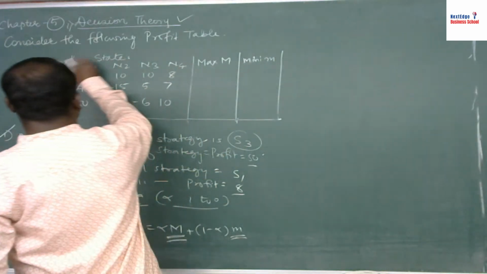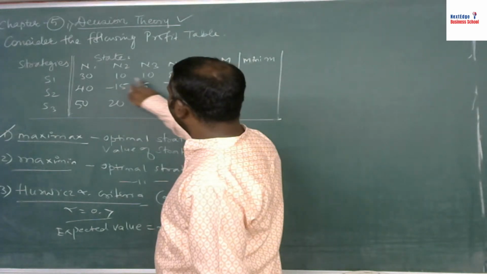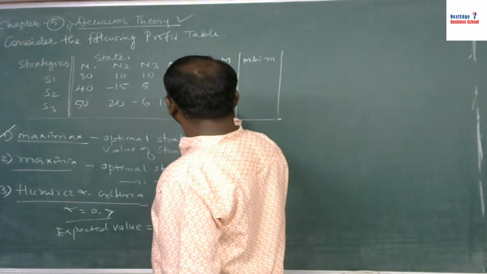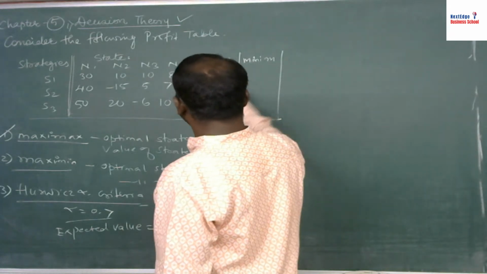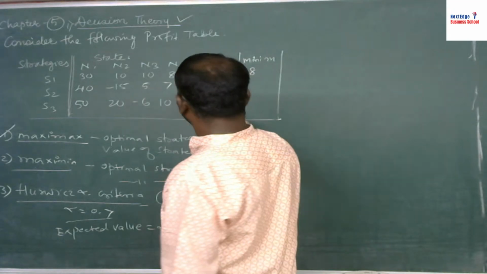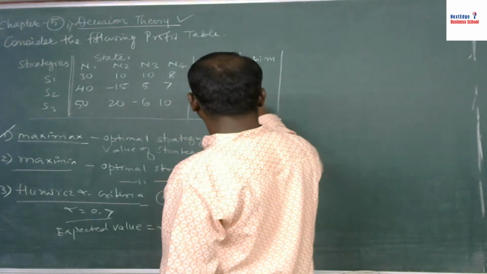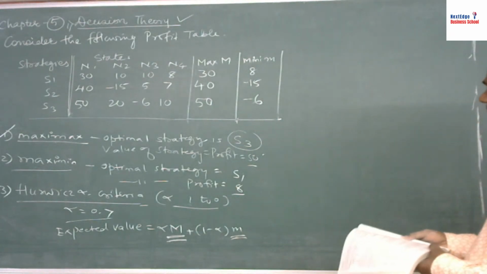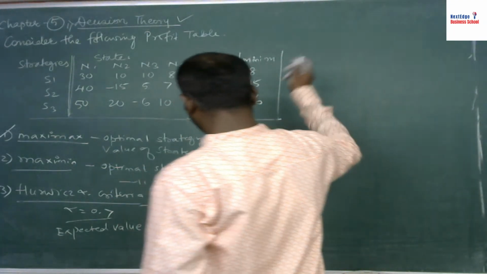From the given table you all tell me maximum क्या है इधर? 30, 10, 10, 8, maximum 30 है. इधर क्या है maximum? 40 maximum है. इधर क्या है maximum? 50 is the maximum. मिनिमम क्या निकालो पहले? इधर मिनिमम है 8. इधर मिनिमम is minus 15. इधर मिनिमम minus 6. So the moment you have all the values 30, 40, 50, 8, minus 15 and minus 6, now you can go for the calculation of the expected value of alpha, right?